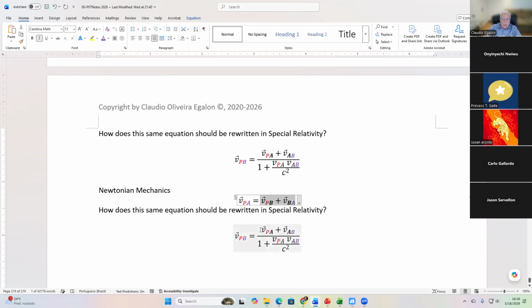We should copy down here the relativistic term and replace A with B. Let's see if that's right.